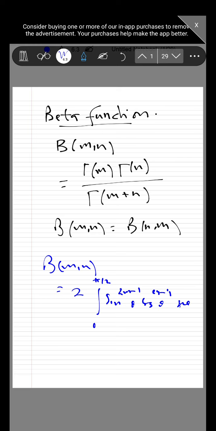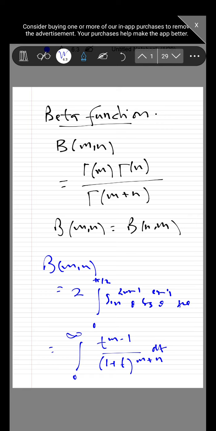And the other way of presenting the beta function is the integral from 0 to infinity of t to the power m minus 1 divided by 1 plus t to the power m plus n, into dt. So these are the beta and gamma functions.